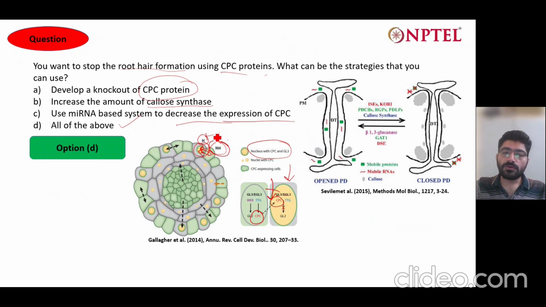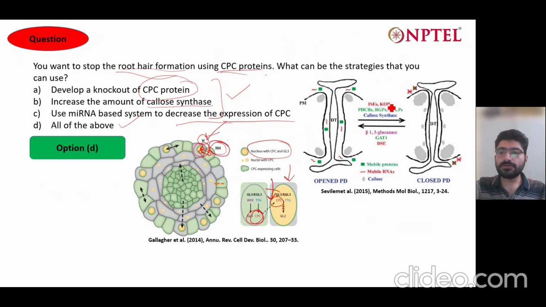So yes, it can also be used in decreasing the amount of CPC proteins. So all three options are correct, and either way we can develop a CPC protein knockout, and that will inhibit the formation of root hairs.